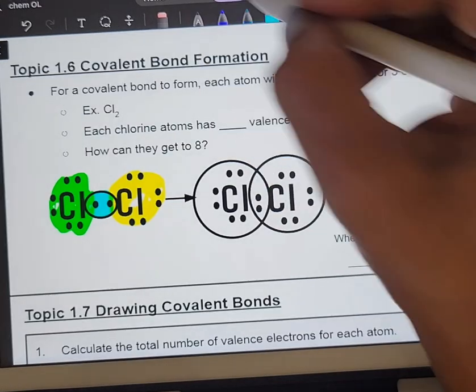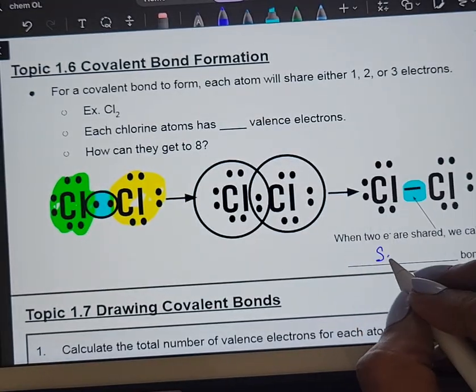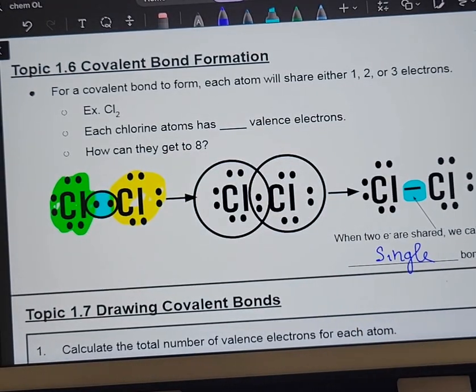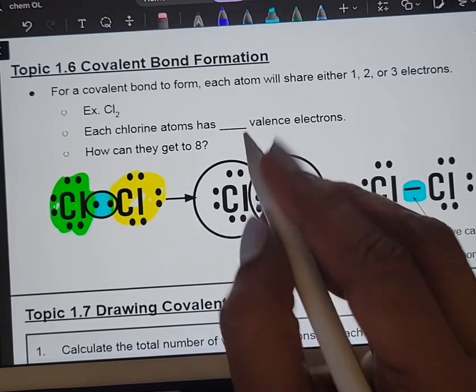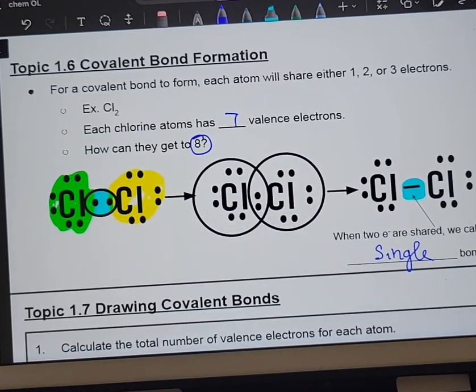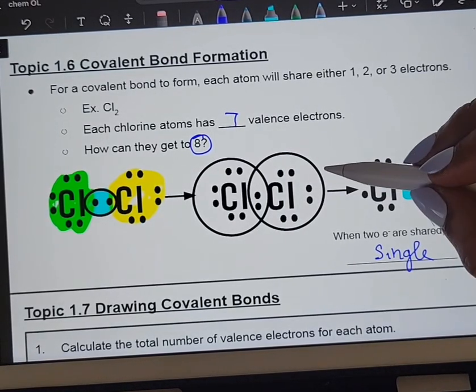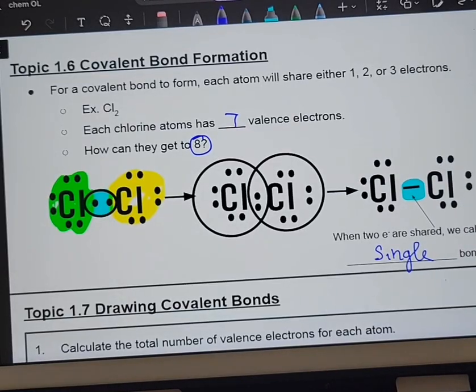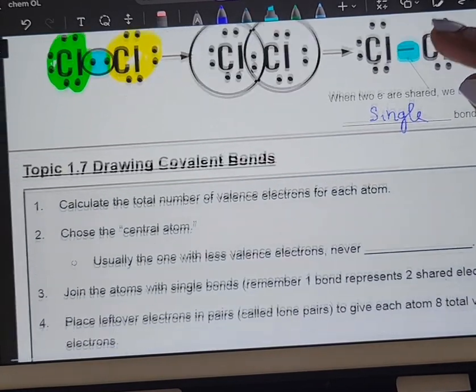A single bond. So they all have 7 electrons. They need 8 by sharing one more pair. Okay, let's do the Lewis dot. This is Lewis dot drawing for different examples.